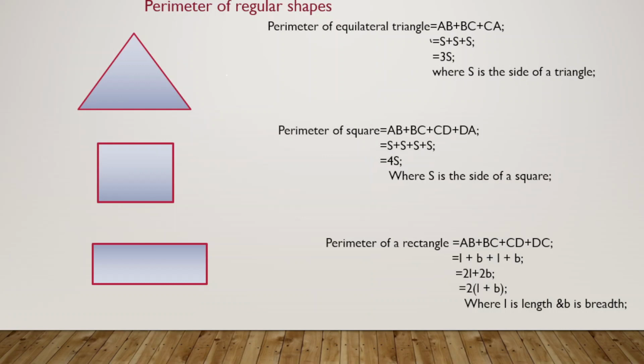So let's find out the perimeter of some regular shapes. Here it is the equilateral triangle. You know that in an equilateral triangle all the sides are equal.